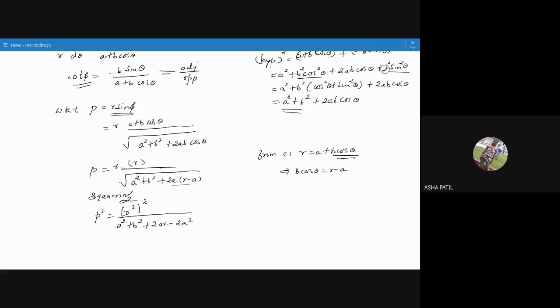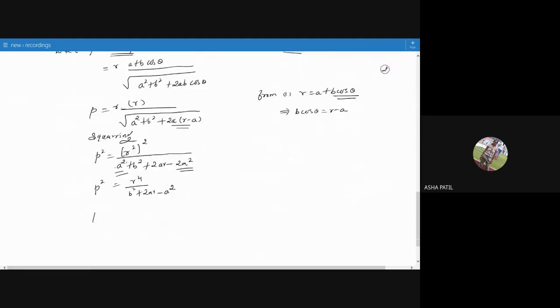We have opened this bracket and removed the root because we have squared it. So p square is equal to r raised to 4 divided by b square plus 2ar minus a square. a square minus 2a square, we get minus a square.